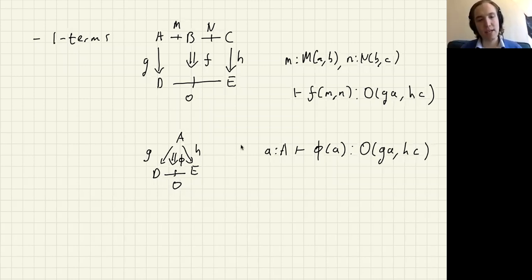So if you have two functors G and H from A to D, and in this case D and E are the same, you have two different functors, and then a natural transformation takes a single object here, and then it outputs an arrow between these two inside this output category.